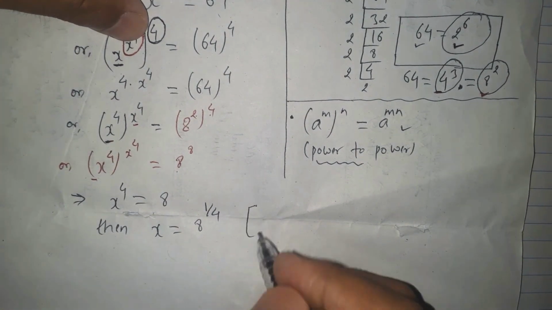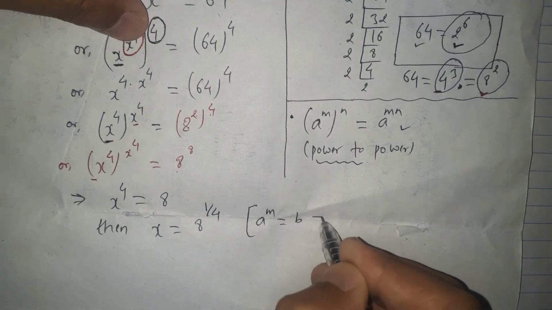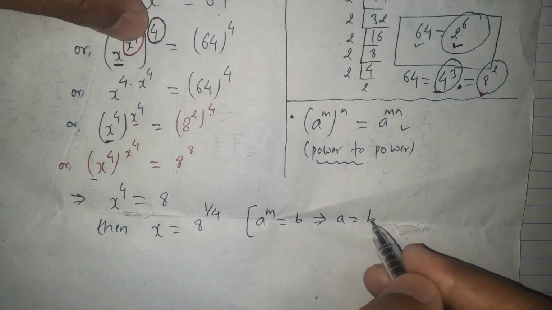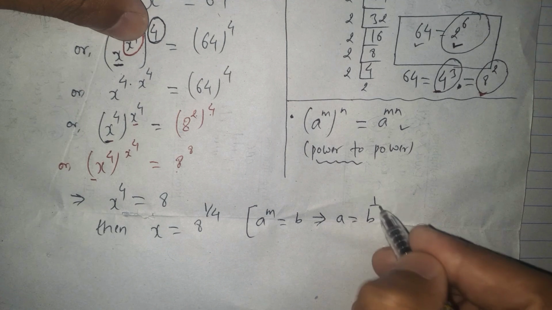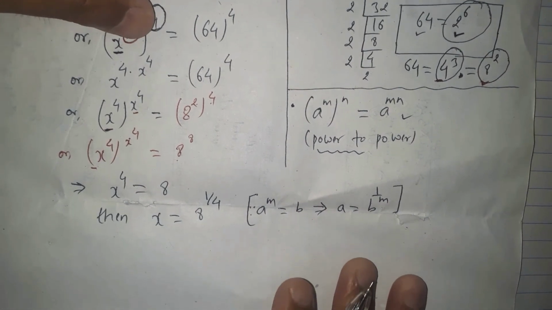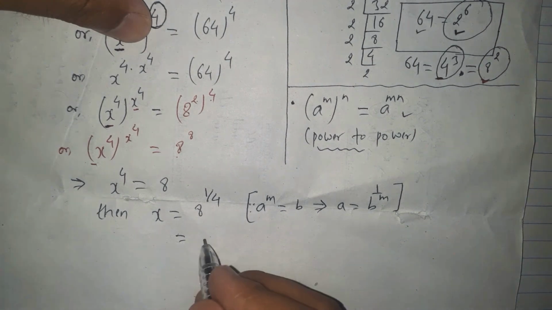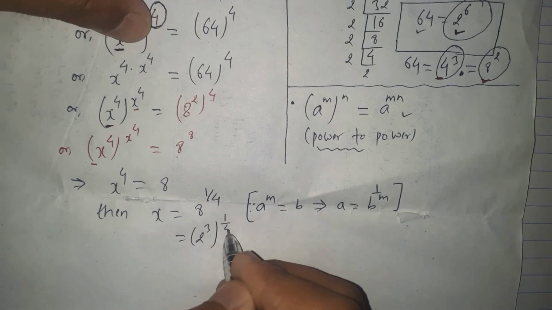Here we just use the rule: if a raised to the power m is some number b, then the value of a is b to the power of the reciprocal of this power. The reciprocal of m will be 1 over m. Here we apply this formula, and 8 can be written as 2 raised to the power 3, so it is 2 cubed to the power 1 over 4.